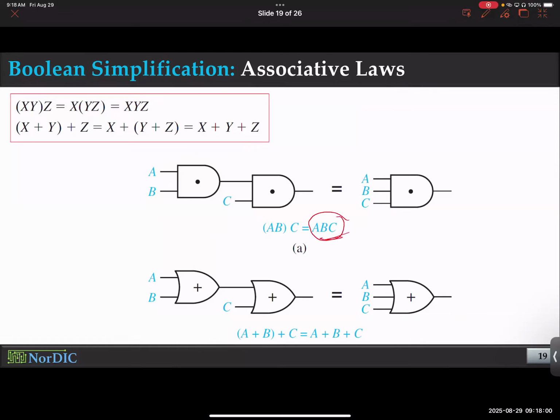So this is ABC. And two input AND means you have AB first, and then whatever the result for this gate is, you AND it with C, and then you get the final result. You take two steps. So this expression literally means you have two input gates only. This expression means you have three input gates. Are you guys still with me?